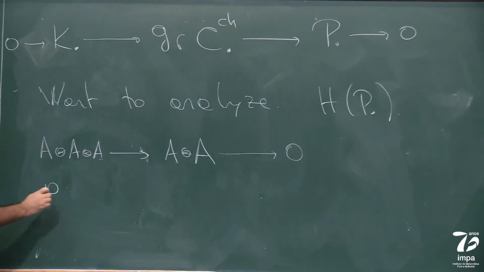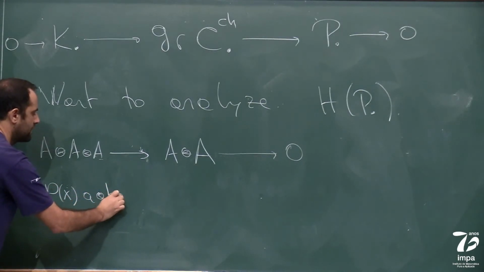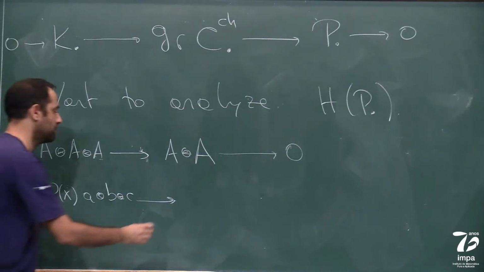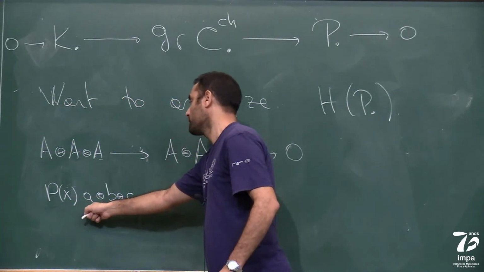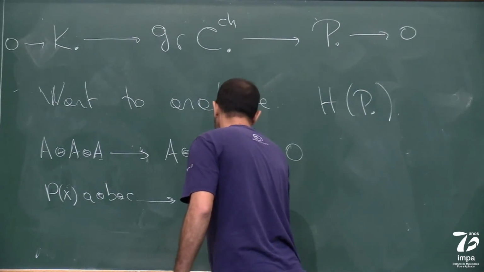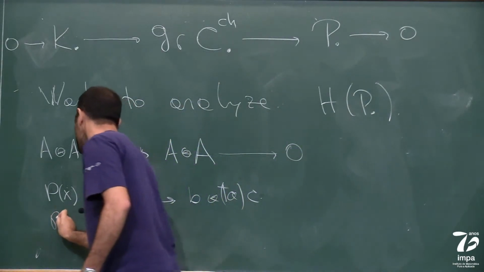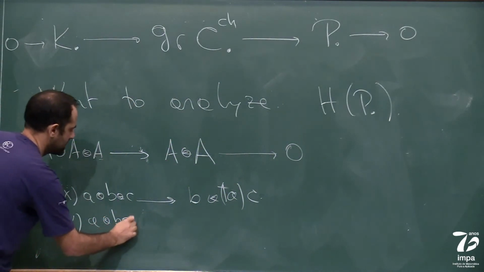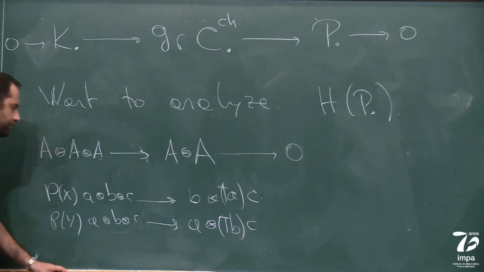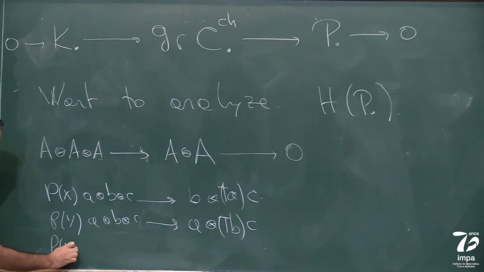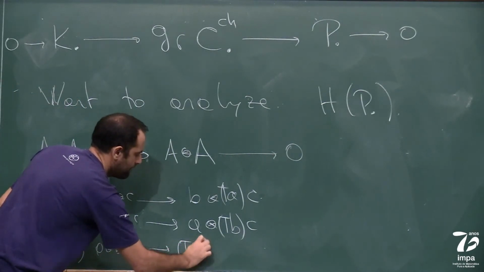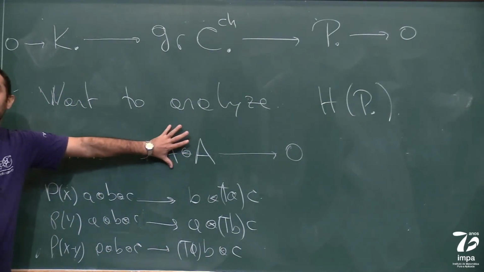So I can look at elements of this form, P of x, A tensor B tensor C. Since I only care about the singular part of these functions, this is 1 over x squared, so it only has a pole at x equal to 0, so this goes to B tensor T A C. And if I look at P of y, A tensor B tensor C, then this goes to A tensor T B C. And if I look at P of x minus y, A tensor B tensor C, then this goes to T A B tensor C. So all of these things vanish in the homology of that complex.